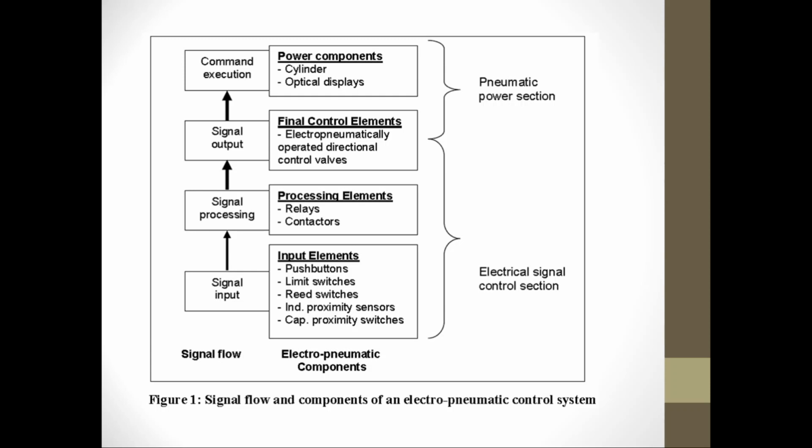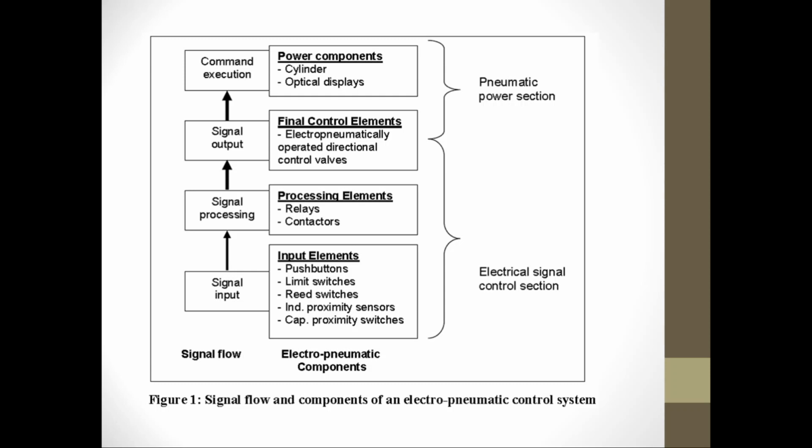So the elements under the signal output section are basically the solenoid valves or the directional valves. Once these directional valves are activated or deactivated, this will allow the flow of air going to the final command execution, which is the pneumatic cylinder.